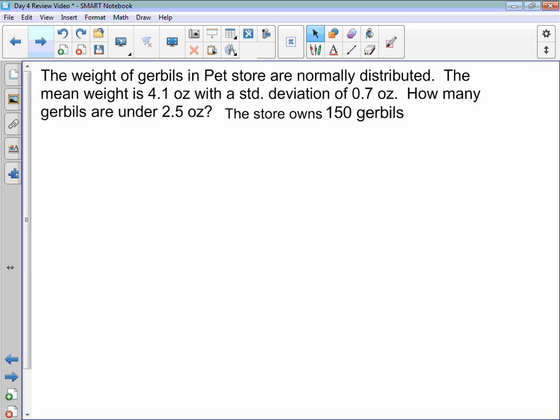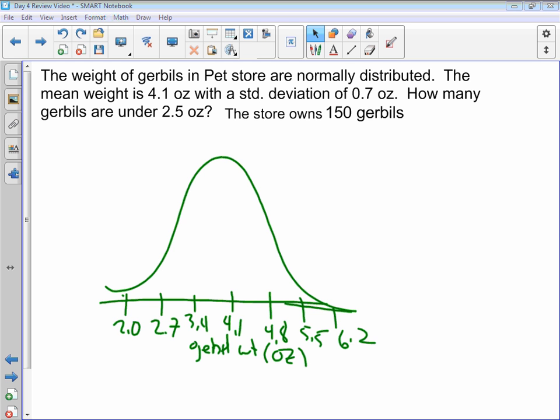So now we're going to go back. What we want to do is do the sketch of the graph again. It's the exact same graph as last time. So we have our gerbil weights here, and they want to know what gerbils are going to be below 2.5 and below. So that's what we're searching for. So it's going to be a fairly small percentage.